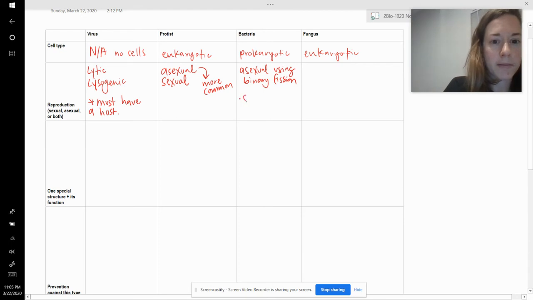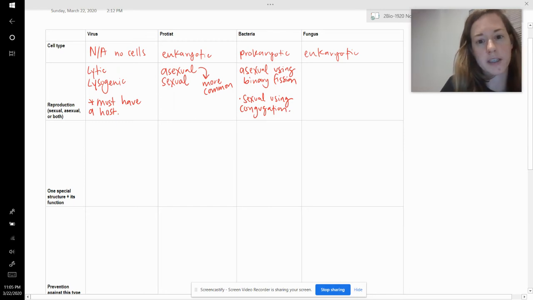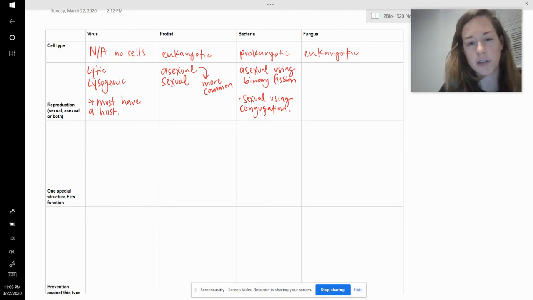They also can be sexual using conjugation, which means that they share plasmids with other bacteria using their pili. If that sounds confusing to you, go back to your bacteria notes in OneNote and they're in there. Or go to my bacteria notes if you don't have good notes, but they're in there.